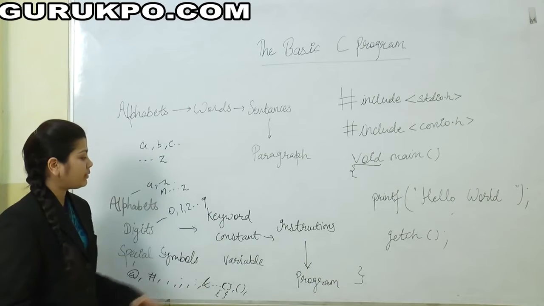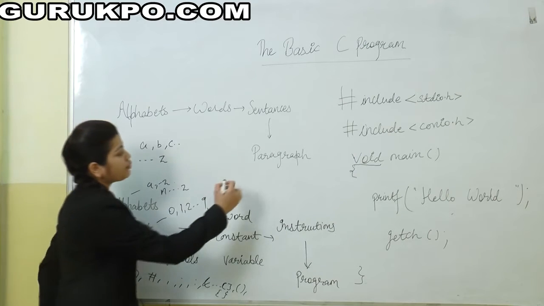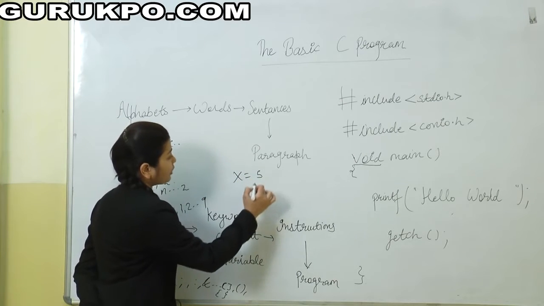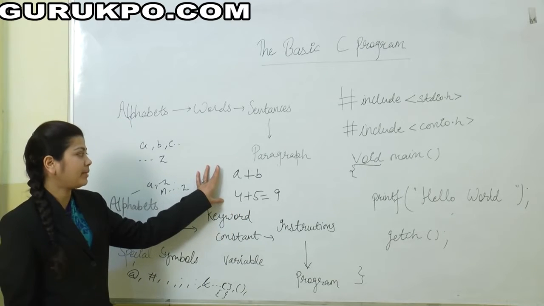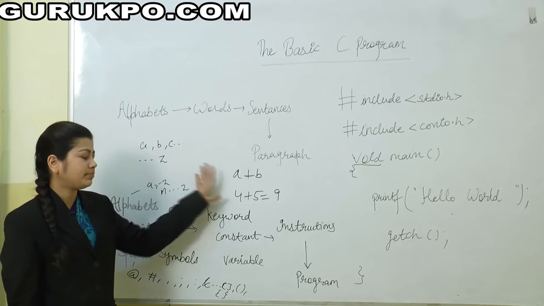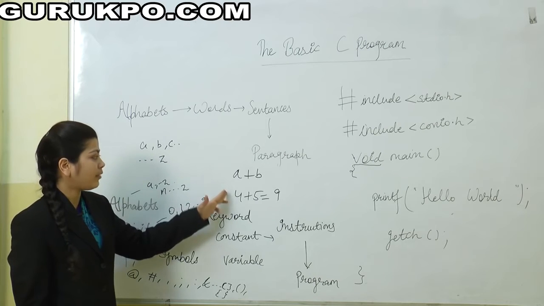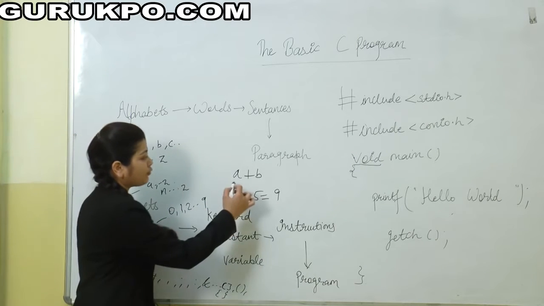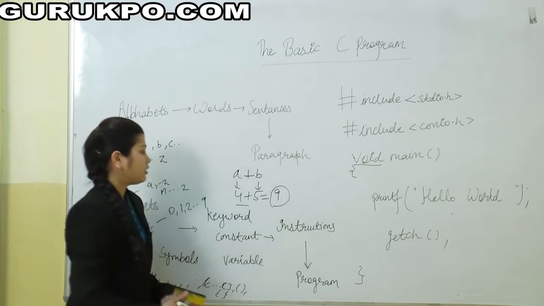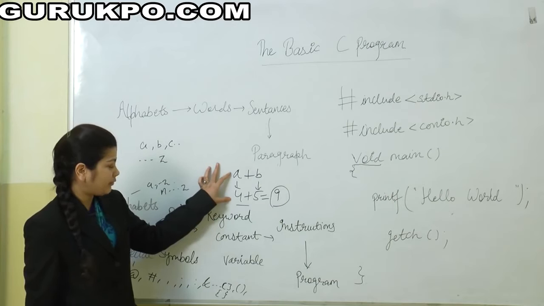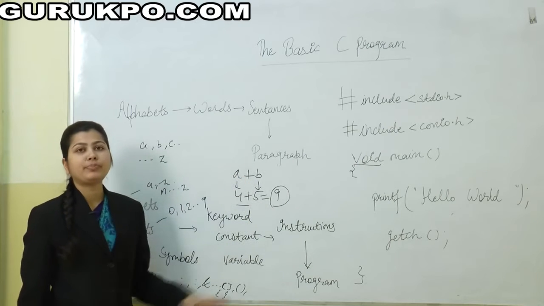For the constants and variables, for example, if we develop a basic program for the sum of two numbers, then A is equal to 4 and B is equal to 5, and we get the output 9. The value of A is 4 and the value of B is 5.